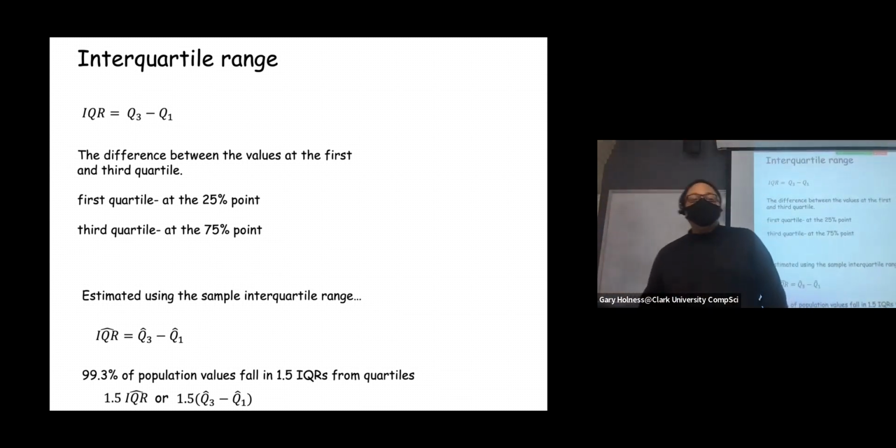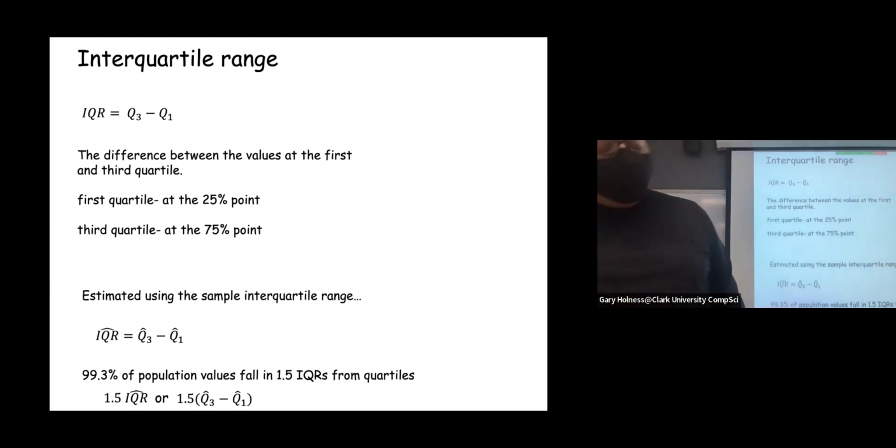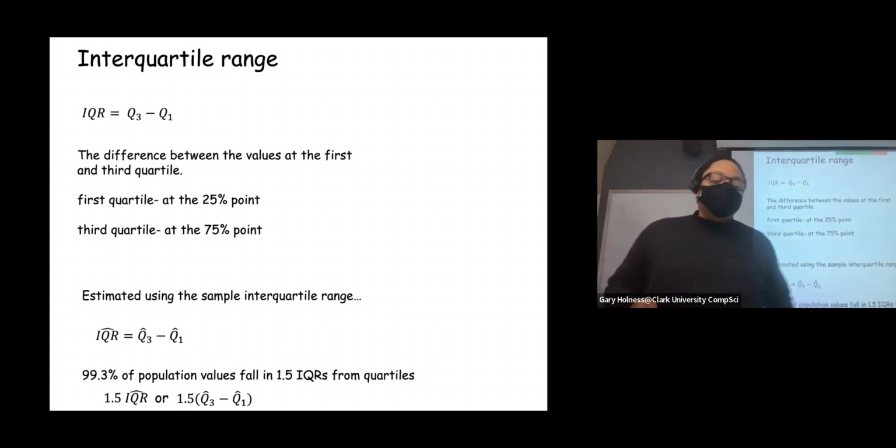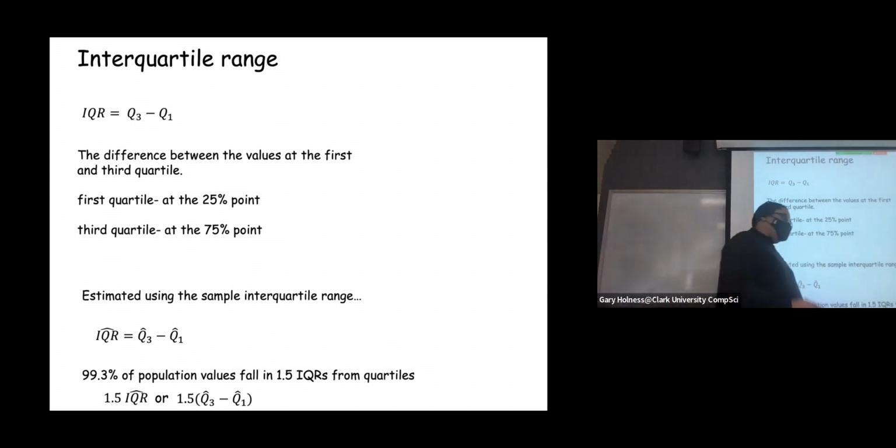And so this IQR, interquartile range, we said, was the difference between the third quartile and the first quartile. And it just happens, and this property holds true, that 1.5 times the interquartile range below Q1 and above Q3, in that range, you're going to get 99.3, I think it was 99.3% of all the values that you could encounter. Okay, any questions about this?